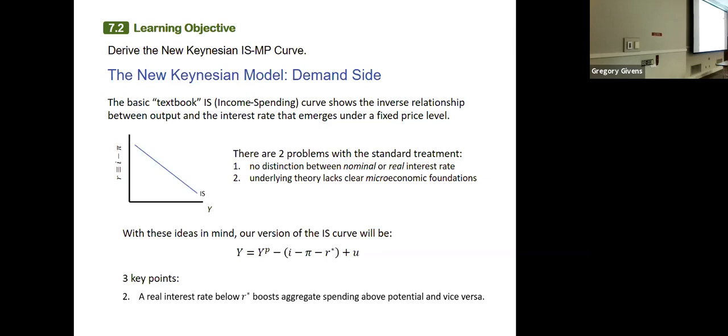An expansionary monetary policy is one that drives the interest rate lower and so makes the real interest rate lower than the equilibrium real interest rate. It's an expansionary monetary policy because it raises or stimulates economic activity above potential output. What is a contractionary monetary policy? It's one that raises interest rates above the equilibrium real rate.